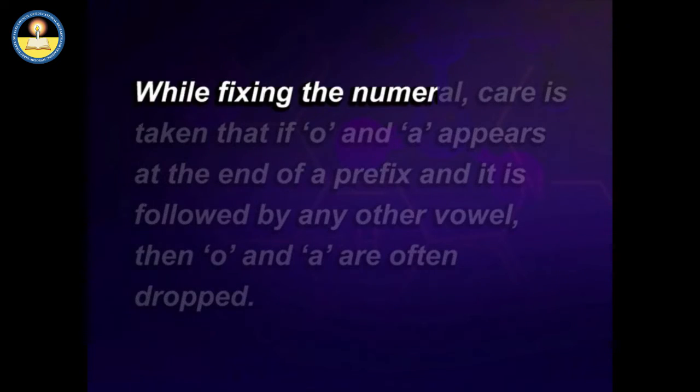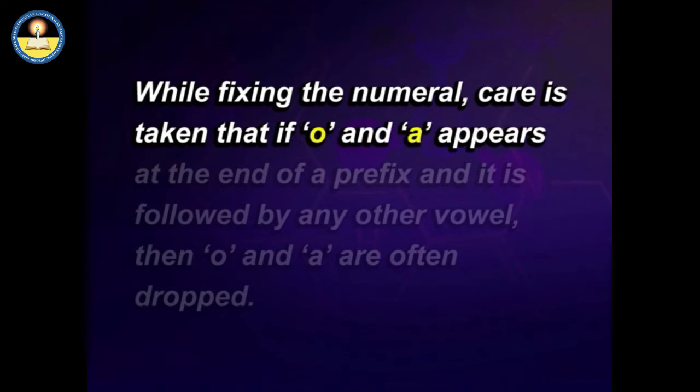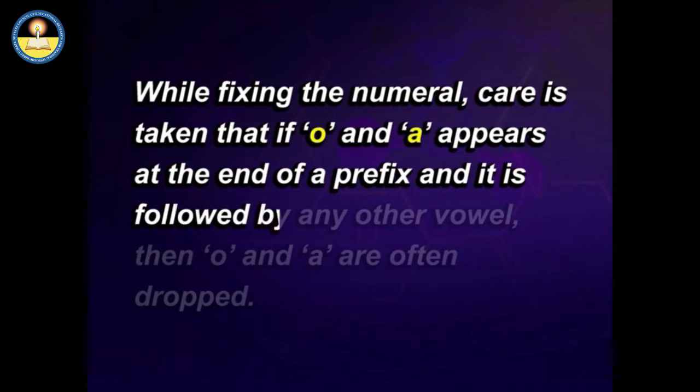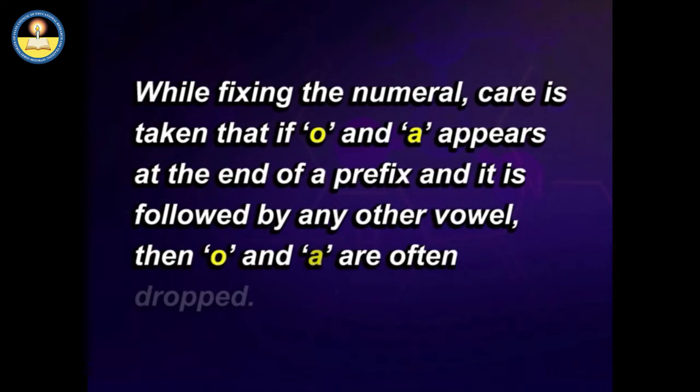While fixing the numeral, care is taken that if O and A appears at the end of a prefix and it is followed by any other vowel, then O and A are often dropped.